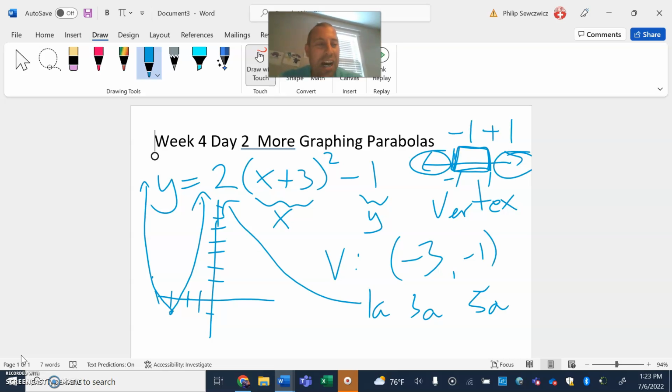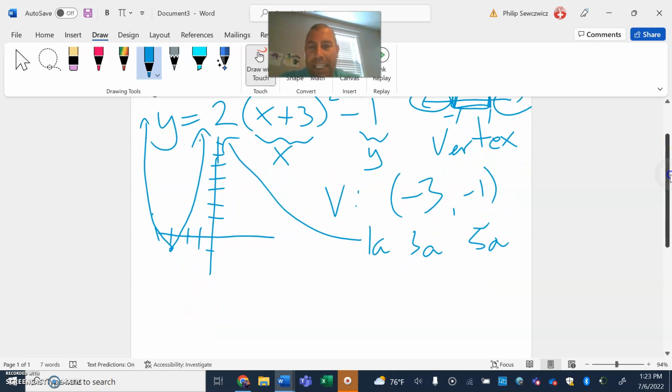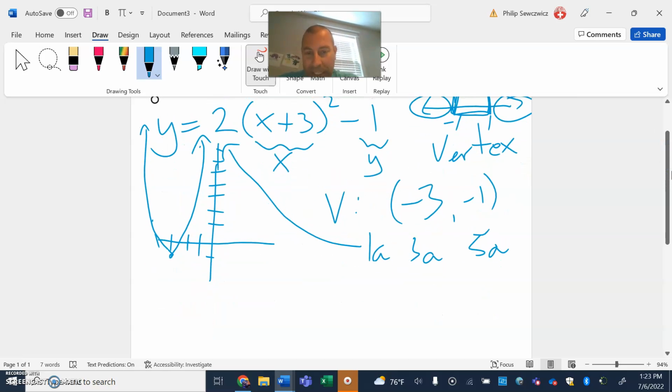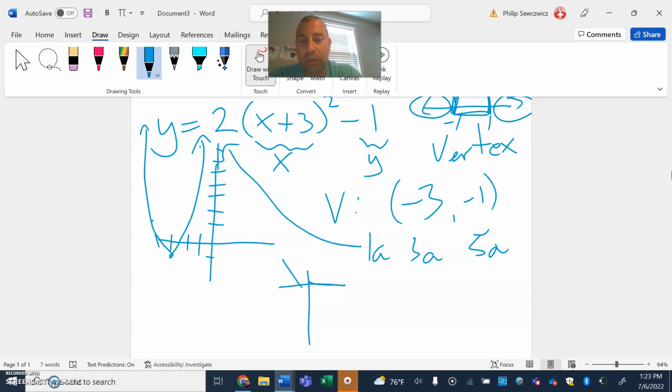So what we could also end up doing is set up our tables if we want, but we don't tend to use this particular method because the vertex form is so fast. But we just want to show you how things will end up matching up. So if we're going to graph this here, we can use our normal numbers like 0, 1, and 2.